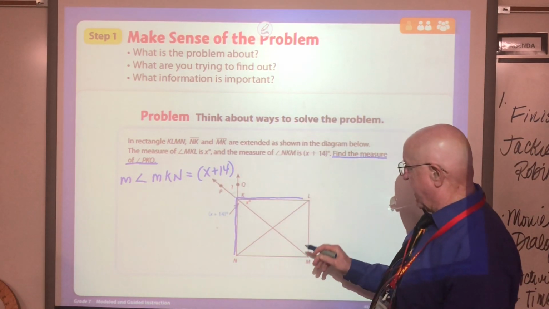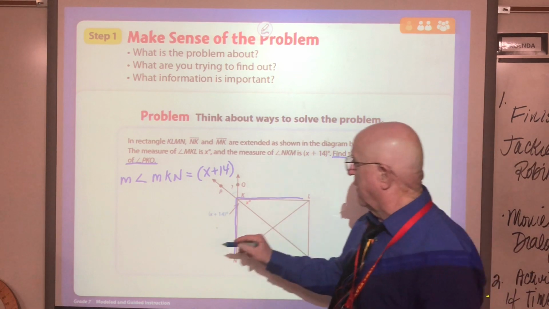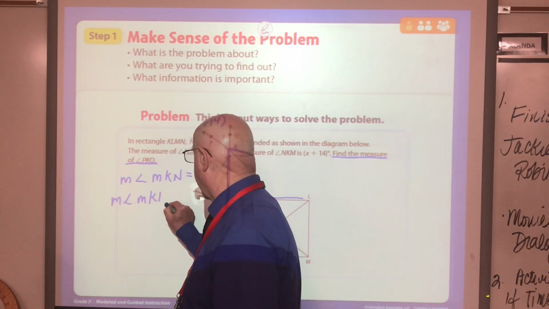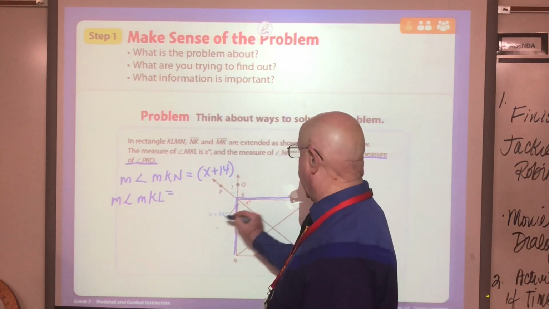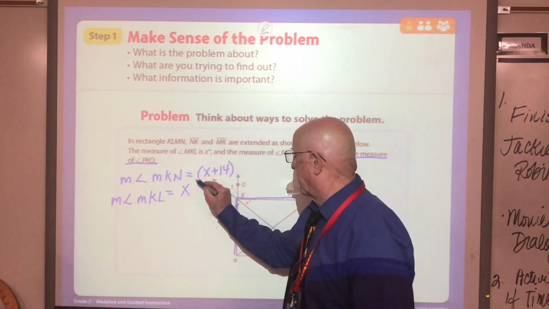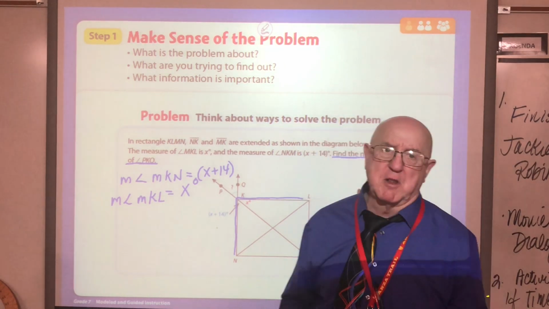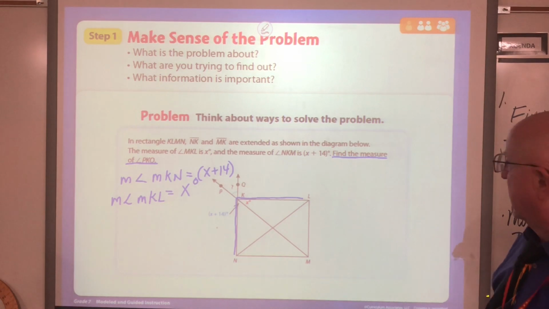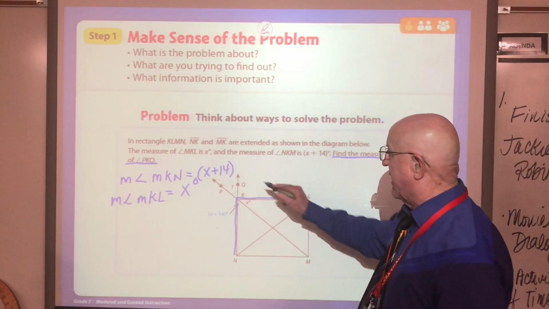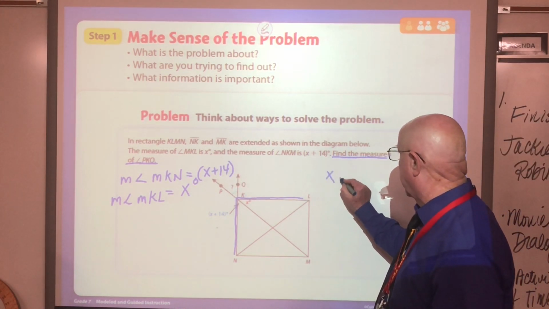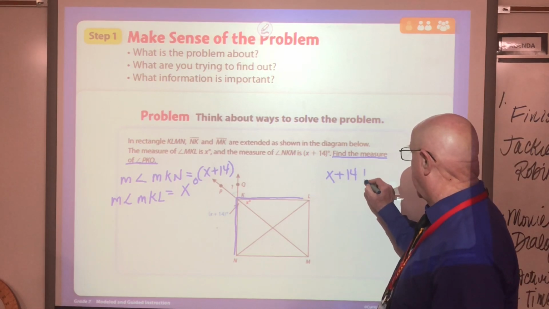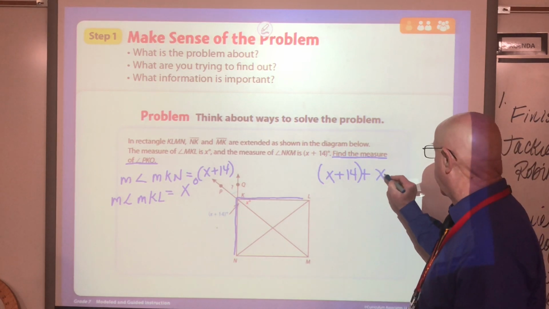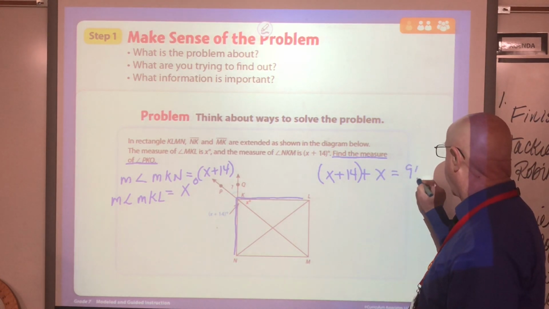And the measure of angle MKL is equal to X degrees. All right, now we know that because they are complementary, they'll add together and give 90 degrees. So what we're going to do is write out those measures, X plus 14 plus X itself, right? That's going to equal 90.